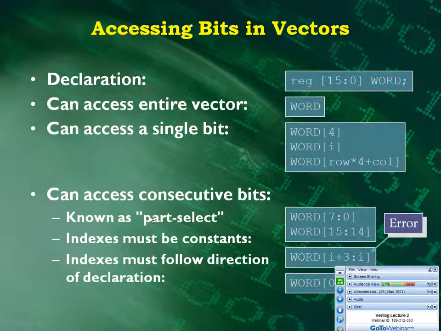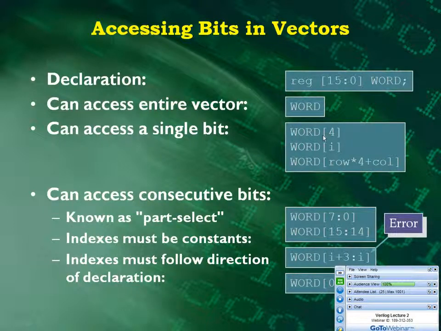Let's take a look at a declaration of word. We've declared it to be 16 bits wide, going from 15 to 0. I'll show more examples, but you can access the entire vector just by saying word, so the width of this is 16 bits.